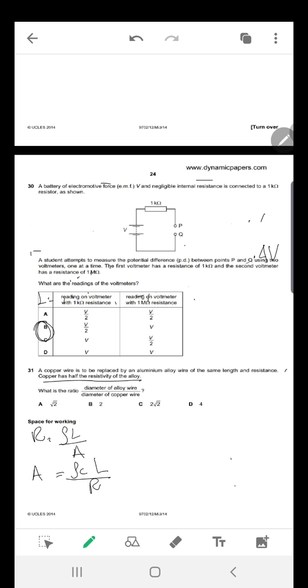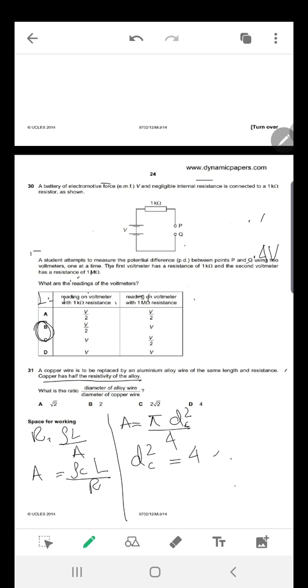The area is proportional to the diameter squared. A is equal to pi d square over 4, which is r square actually. Or you can write it as d squared of copper.